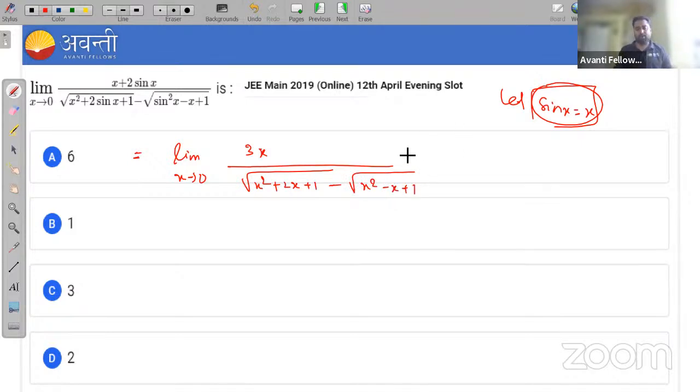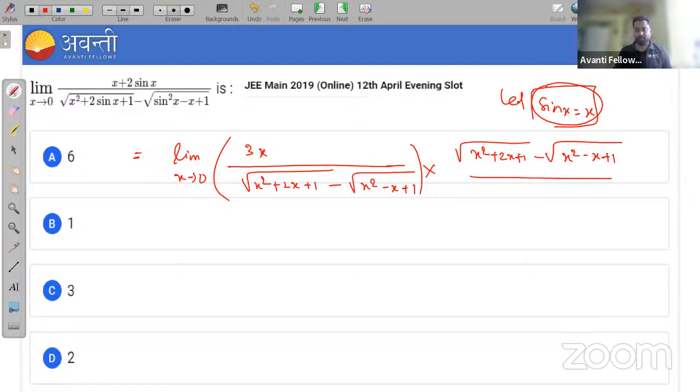Right. Now try to rationalize this function. This is the method to solve this question. So this becomes root of x square plus 2x plus 1 minus root of x square minus x plus 1, divided by plus root of x square plus 2x plus 1 plus root of x square minus x plus 1.